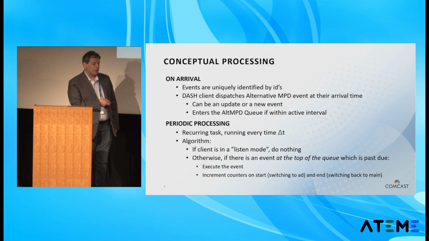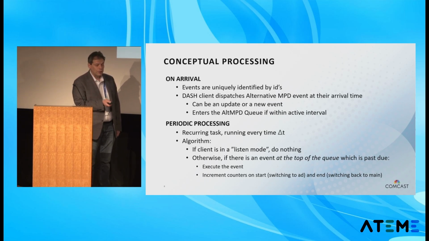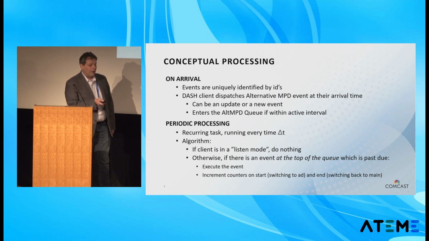Then we'll have something that can be seen as a busy loop if we're not writing actual code. And the algorithm there is trivial. If the client is in listen mode, do absolutely nothing. You cannot process an event.